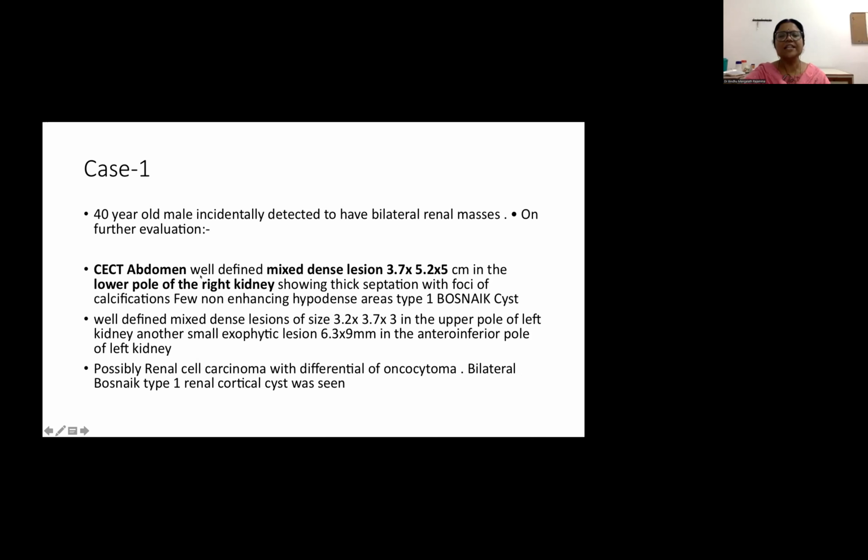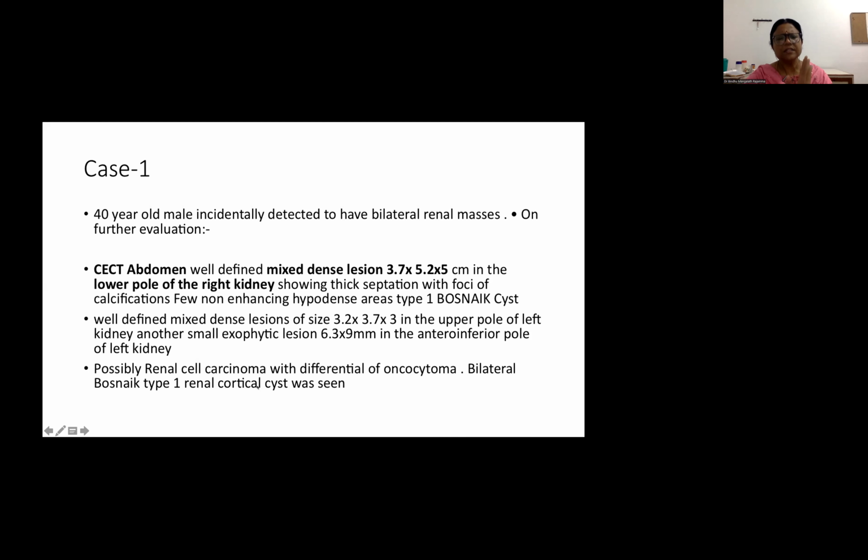A few other lesions were noted in the lower pole of the same kidney, predominantly cystic and classified as Bosniak type 1 cyst. At the same time, the left kidney also showed a lesion of maximum size 3 centimeters, and another lesion 6 by 9 millimeters at the anterior inferior pole. That means the tumors were involving both kidneys and were multiple in number.